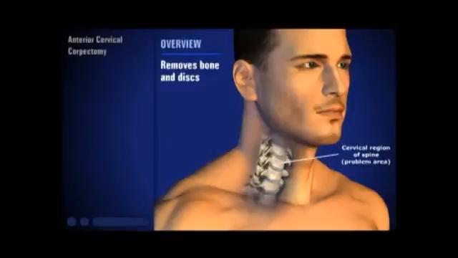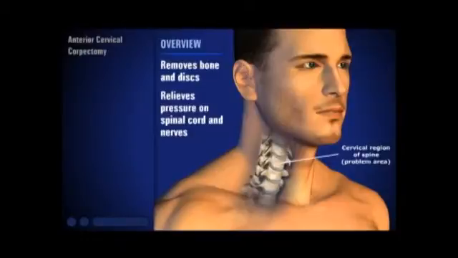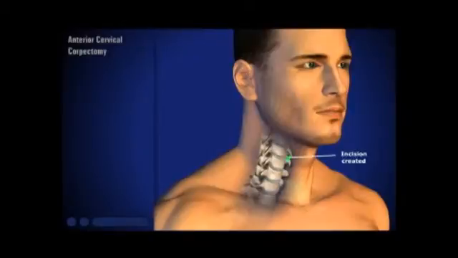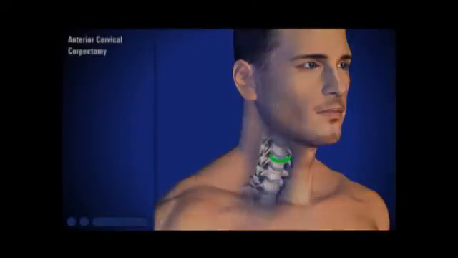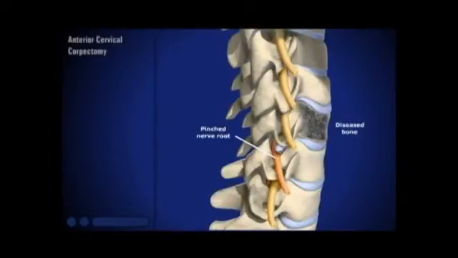To perform an anterior cervical corpectomy, the same incision is utilized as with an anterior cervical discectomy. The difference is that the incision could be a transverse incision as shown here, or it could be a longer incision. You can see the area of diseased bone is present with the vertebral disc above and below.